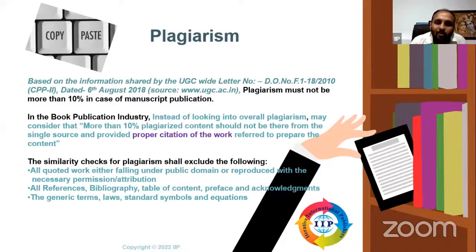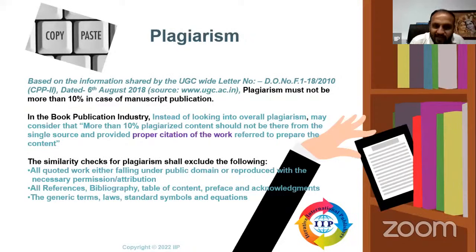The main thing to keep in mind is that no more than 10% should be extracted from a single source, and whatever content you extract or refer from other sources, you should make a proper citation.